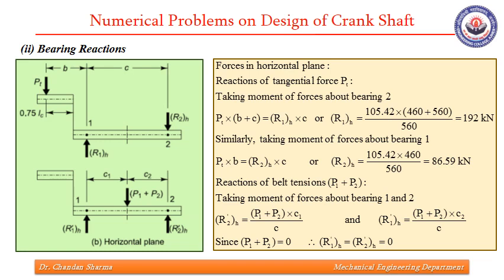So using simple equations of taking moment about bearing 1 and 2, we'll be able to find the reactions on bearing 1 and bearing 2, and then we can find resultant reactions also.